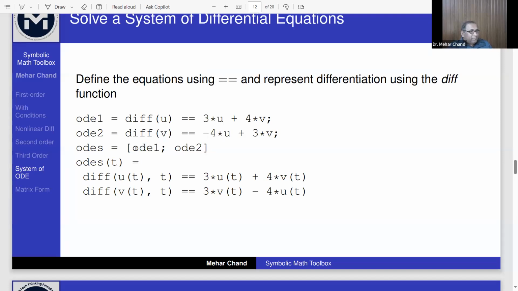When you enter, this is the output value. ODE will return the first equation and second equation in this way. So we have stored both the differential equations. If you use a semicolon here, then this value will not appear in MATLAB.